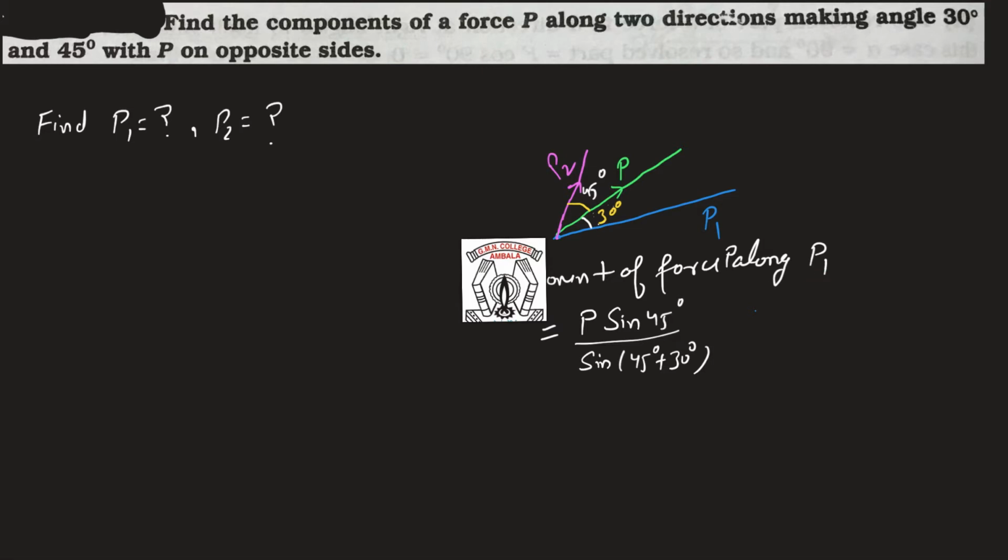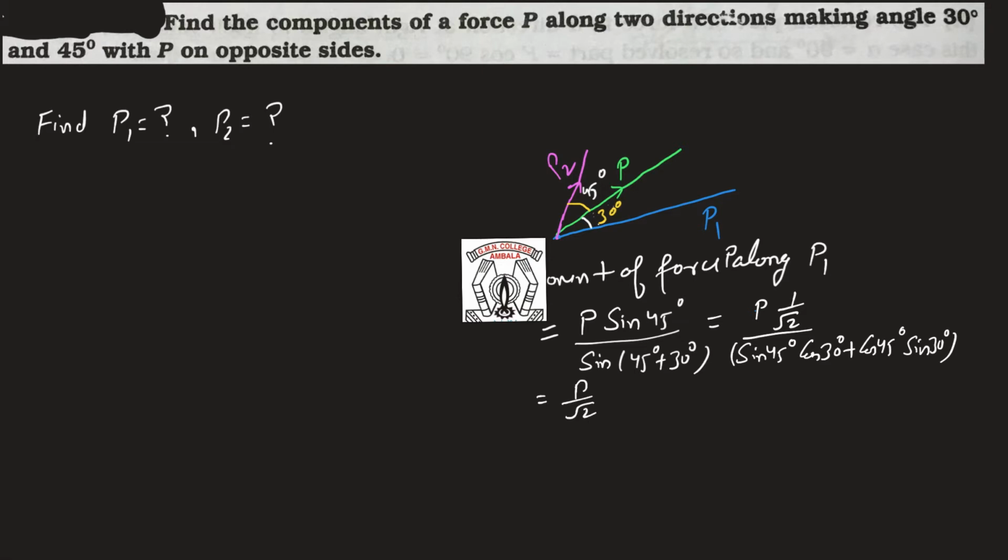You can calculate it further if you want. P sine 45 degrees, which is 1 by root 2, and use the formula of sine (A plus B): it will be sine 45 degrees cos 30 degrees plus cos 45 degrees sine 30 degrees. Now we will substitute the values.